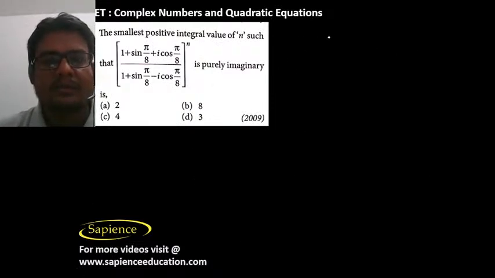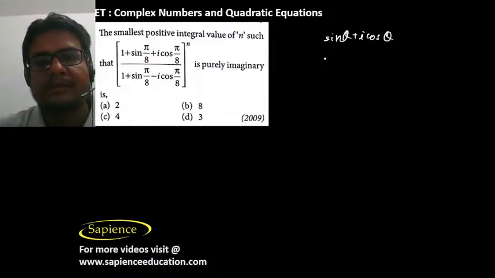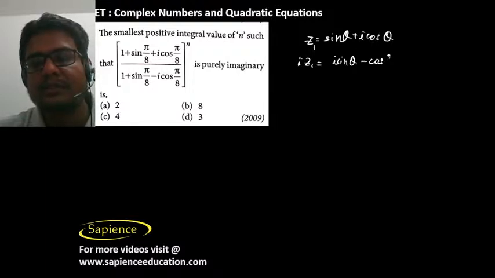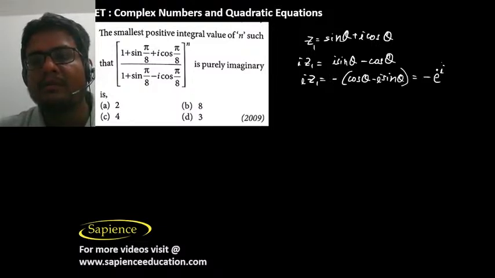Now this sine theta plus i cos theta. Suppose I take this as z1, then if I multiply by i into z1, that will be i sine theta minus cos theta. So i z1 is minus of (cos theta minus i sine theta). So that can be written as minus of e power minus i theta.